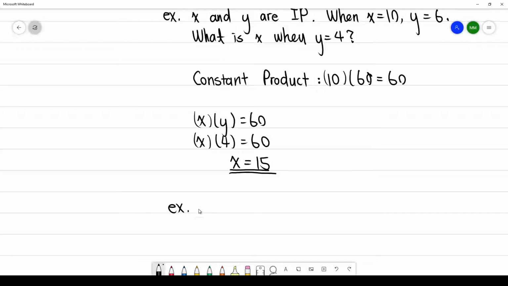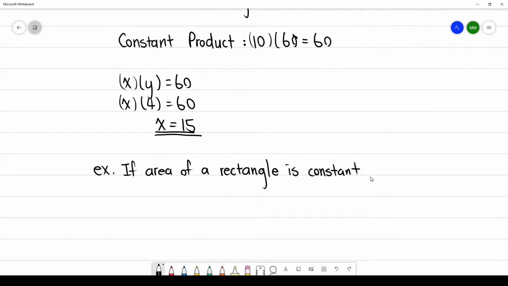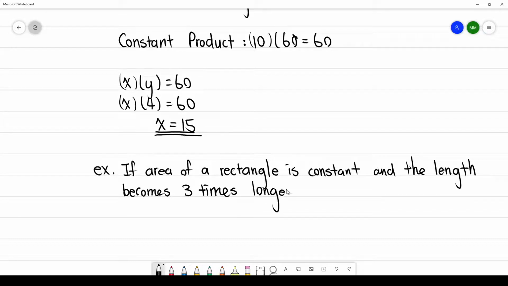So if the area of a rectangle is constant and the length becomes 3 times longer, what happens to the width?